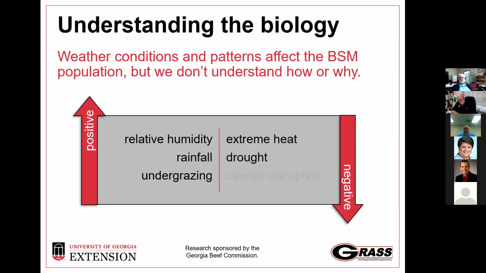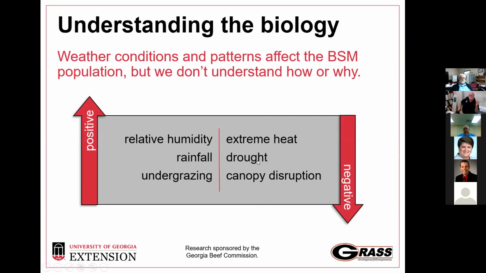Extreme heat and drought and canopy disruption, either from haying or from heavy grazing, will reduce the impact of the Bermudagrass stem maggot.